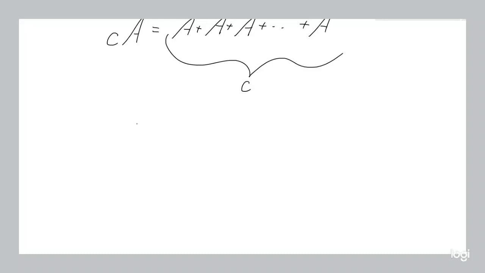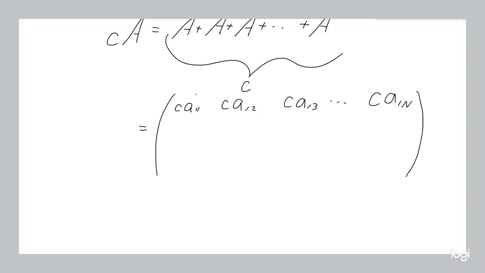Okay, so that is going to be C times A11, C times A first row second column, C times A first row third column, and so on up to C times A first row nth column. Okay, and it's like that for every entry, right?